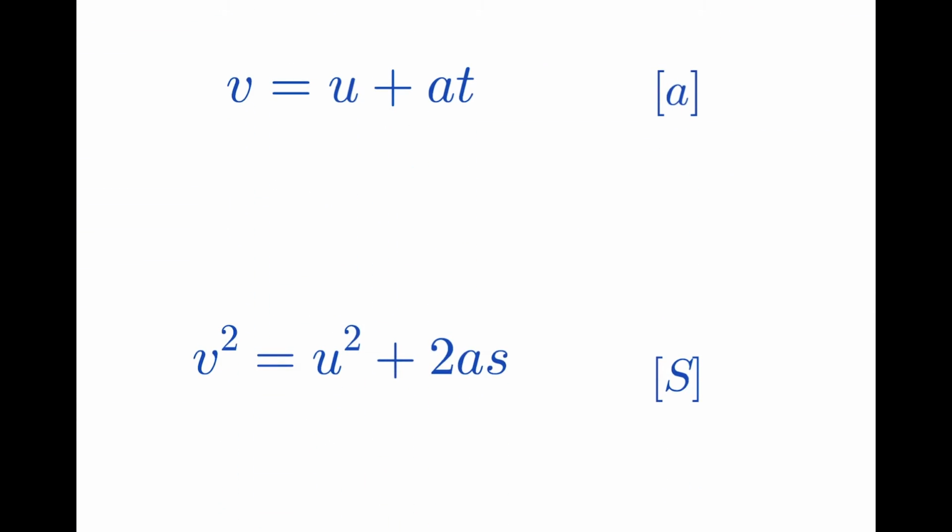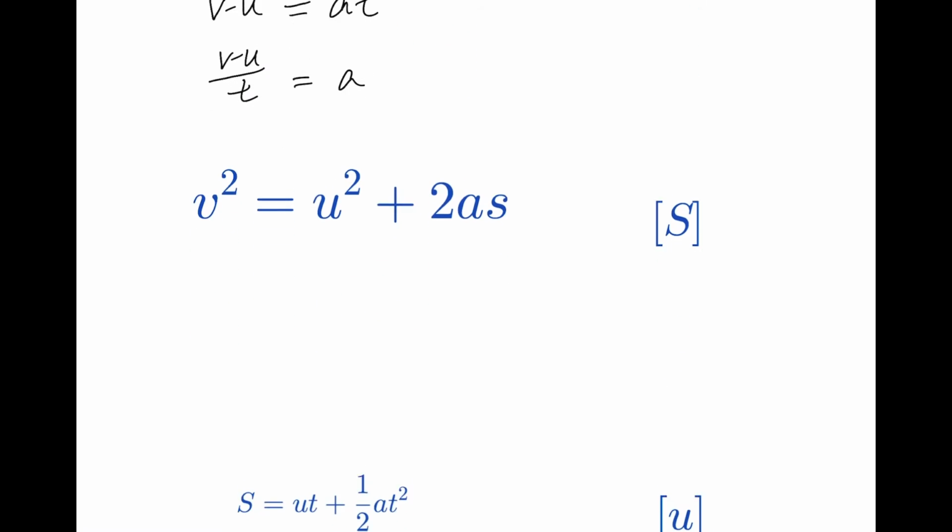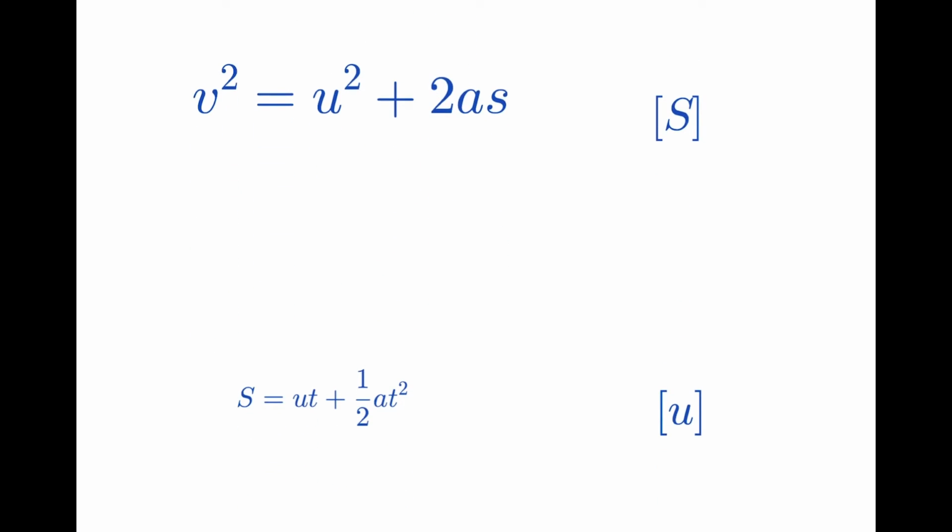How about this? This time you have to make a the subject, so remove the rest of the things. It's a bit easier again. How about here, as? So you do that first, and then you don't need a 2a, so divide it on the other side.